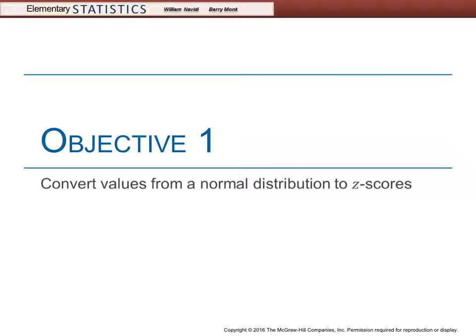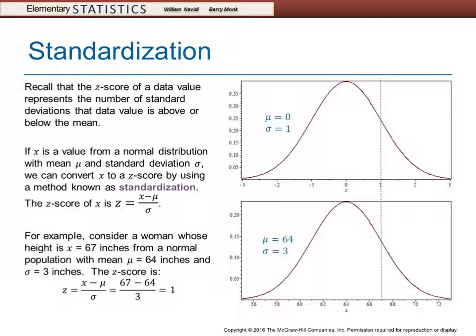Objective 1. Convert values from a normal distribution to z-scores. So our goal is to go from a population that has an actual mean and standard deviation to the standard normal curve up here to find probabilities.